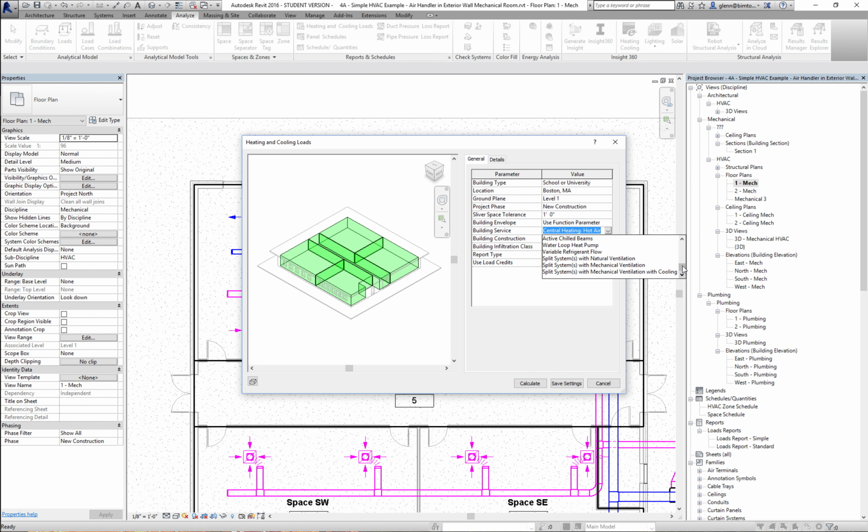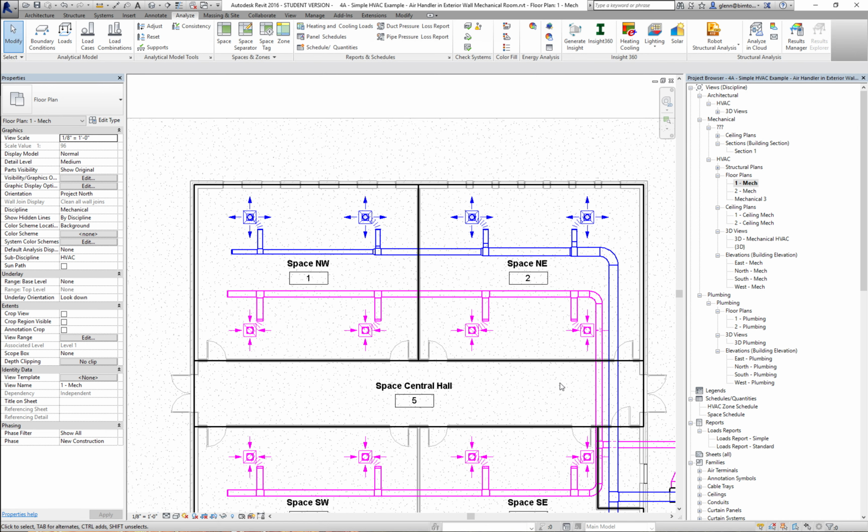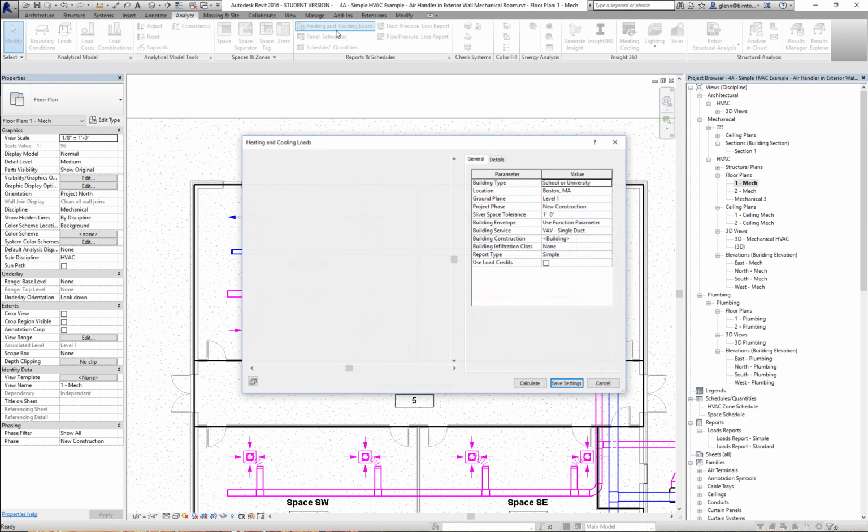These will all have a very big impact on the energy that's actually assumed. So I'm going to do a VAV system for right now. Okay, I'm going to leave the building construction out of this for just a minute. Save those settings. Come back in there again.